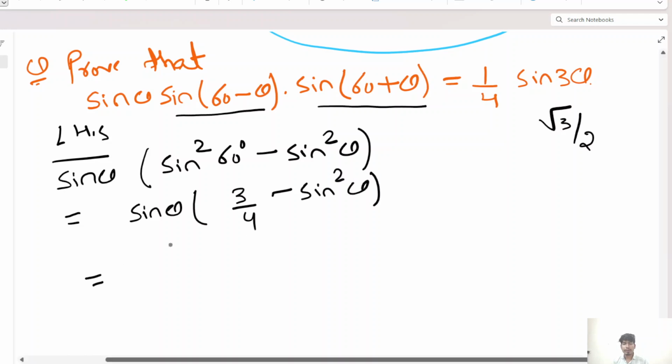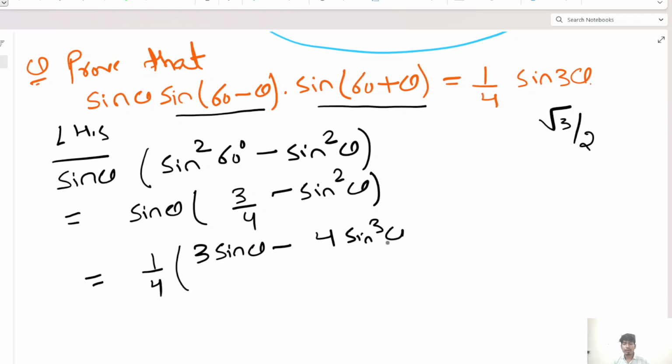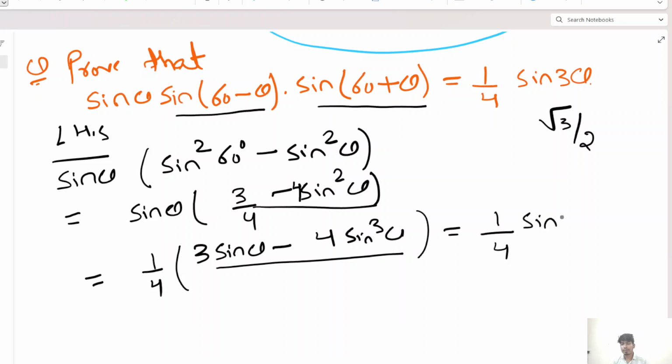Then multiply 1 upon 4 outside, and this is 3 sine theta minus 4 sine cube theta, because if we take 4 outside, then here is 4. And we know this is our triple angle formula, that is sine 3 theta. 3 sine theta minus 4 sine cube theta is sine 3 theta, then it is equal to RHS. Then we have proved this.